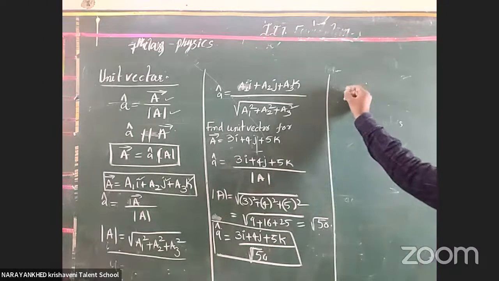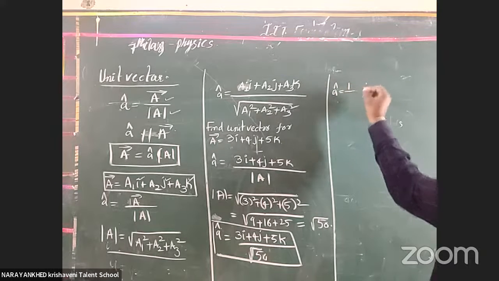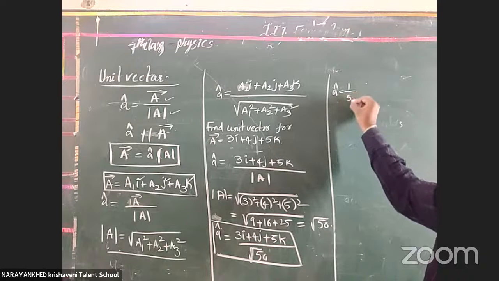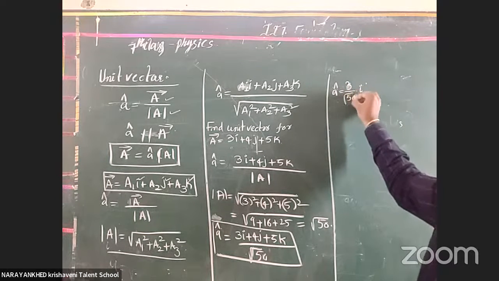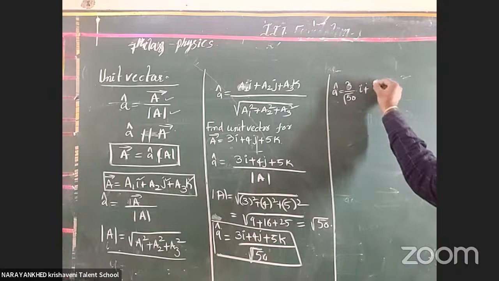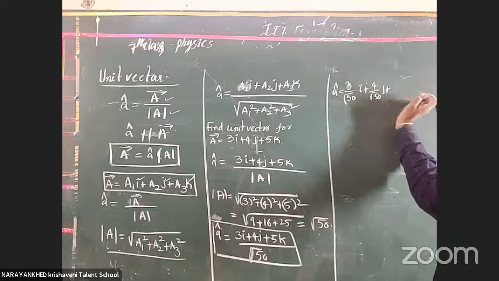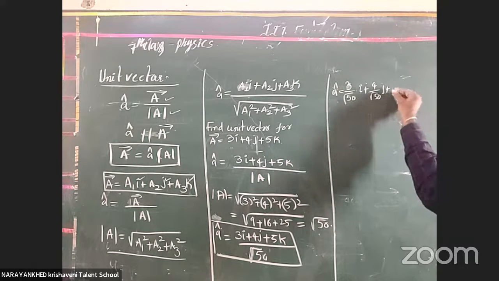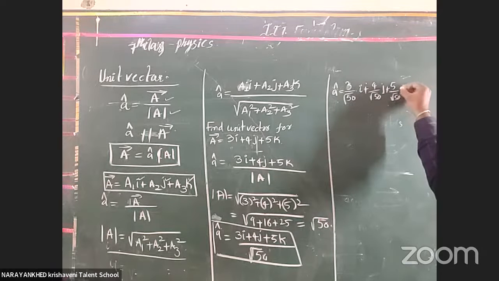How? Check it once. What does the modulus of A cap become? A cap vector is 3 by under root of 50 i plus 4 by under root of 50 j plus 5 by under root of 50 k.